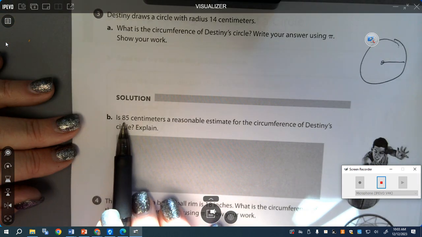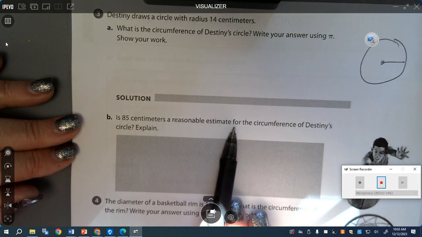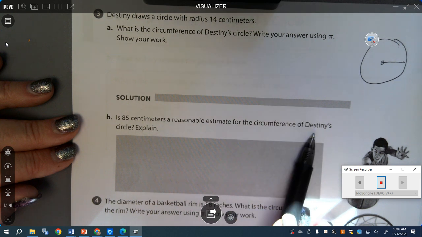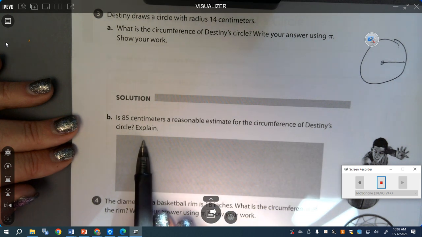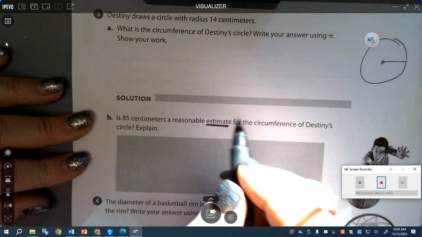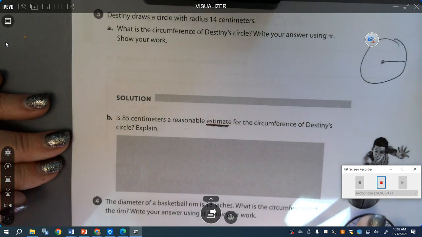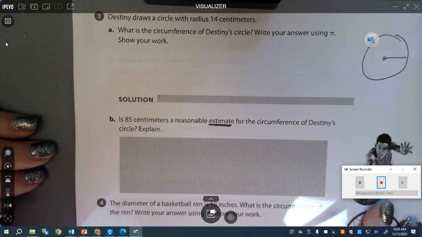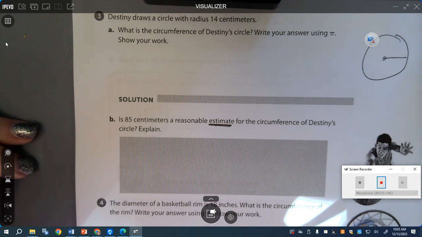Is 85 centimeters a reasonable estimate for the circumference? Explain. So, this is an estimate. What do we do when we do an estimate? We plug in what for pi? 3.14. So you're going to want to do that. Please turn around and pay attention.